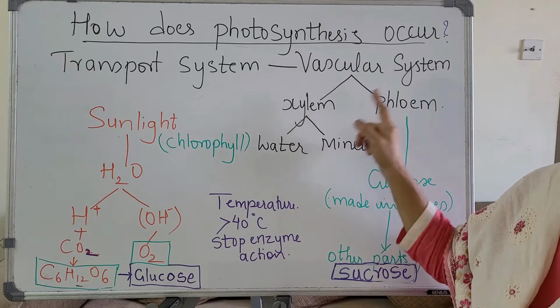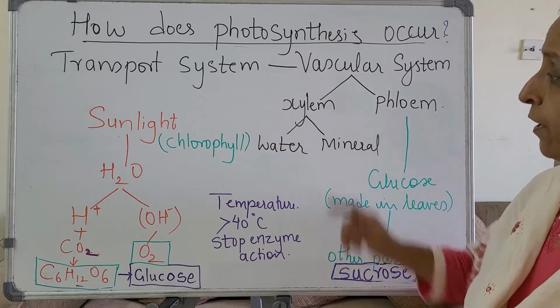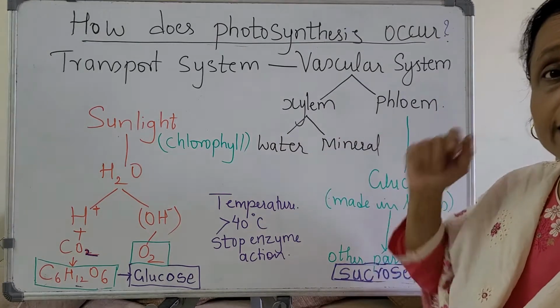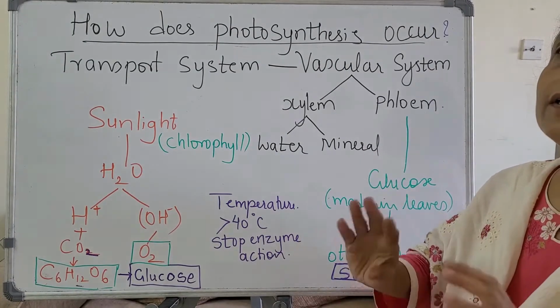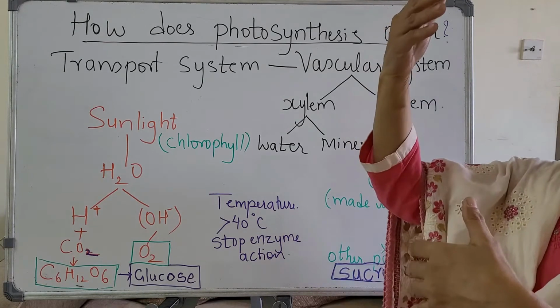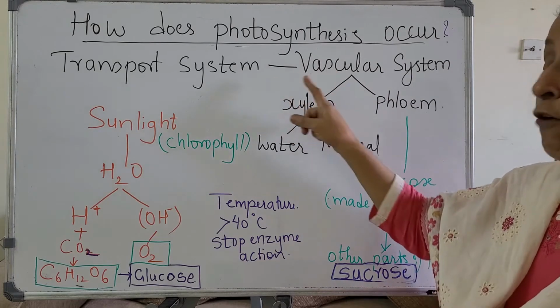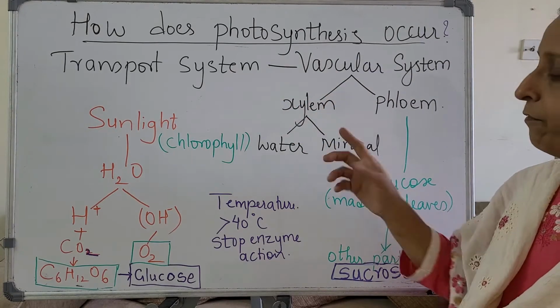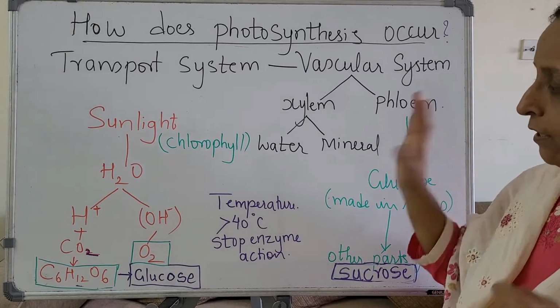Xylem will conduct water, phloem will conduct the food prepared by the leaves. Along with the water, xylem will conduct minerals also from the roots to the stem to the leaves for photosynthesis.